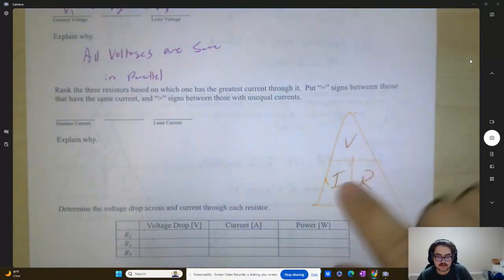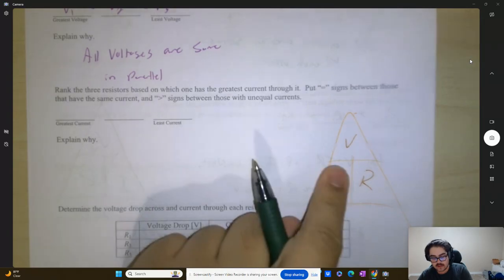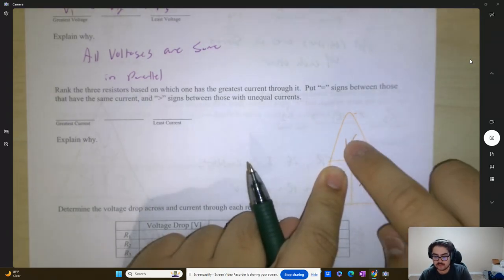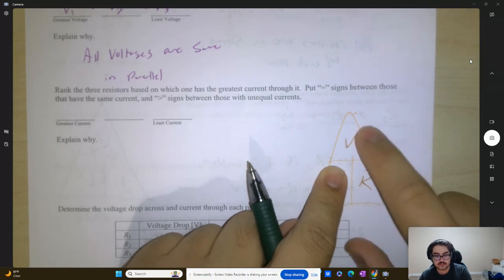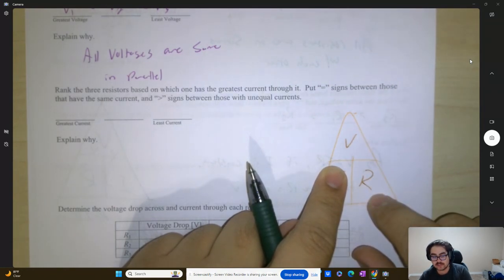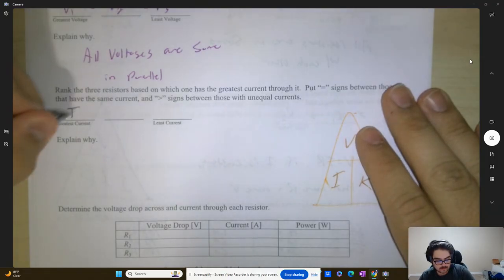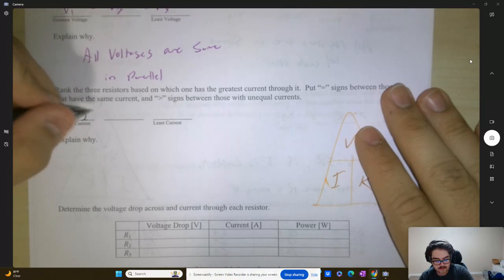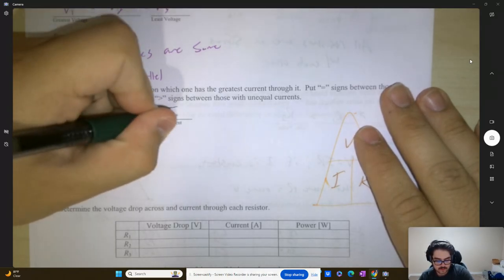Okay, so we got V and then IR, right? We're looking for which one has the greatest current through it. Well, you notice that current is dependent upon voltage and resistance. So the greatest current, if voltage is the same, is going to flow through the resistor with the least resistance. And in this case, that's R2. Then it goes to R1, and then R3.